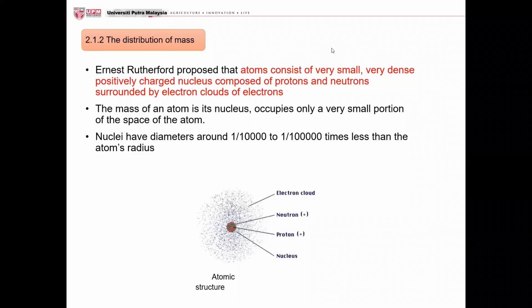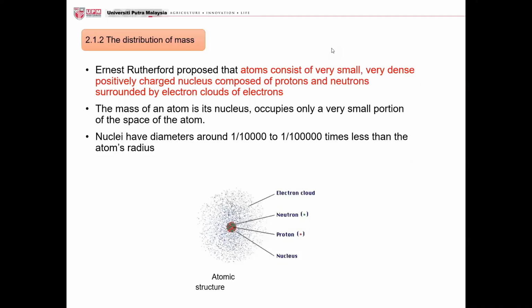Okay, we continue with the distribution of mass. Ernest Rutherford proposed that atoms consist of a very small and very dense positively charged nucleus composed of two tiny particles, which are protons and neutrons, surrounded by electron clouds.